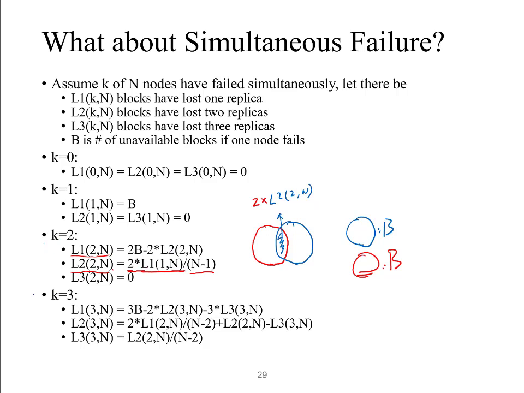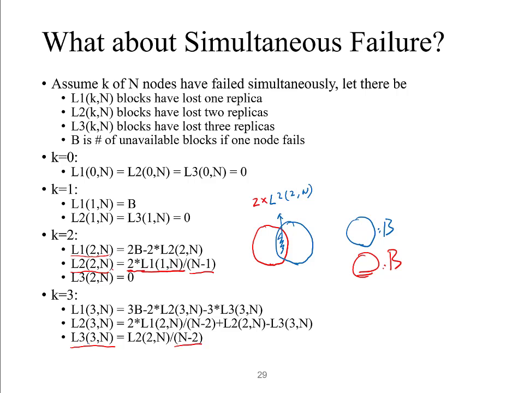When k equals 3, let's first look at L3 here. The idea is quite similar to how we get L2 of 2n. That is, we have L2 2n, this many blocks that have lost 2 replicas, and they have the third one somewhere in these n minus 2 nodes.